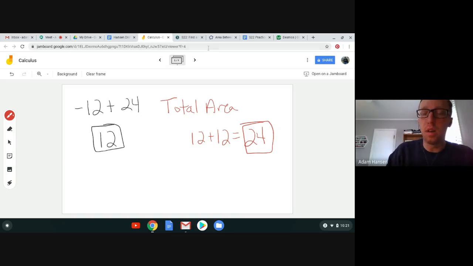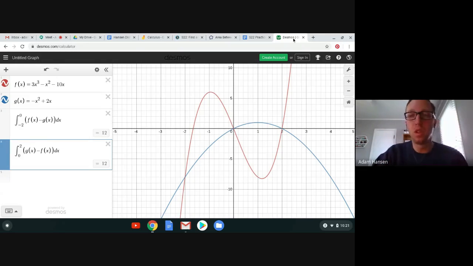Good example of one where the two functions create two different regions that we have to combine the total area for.